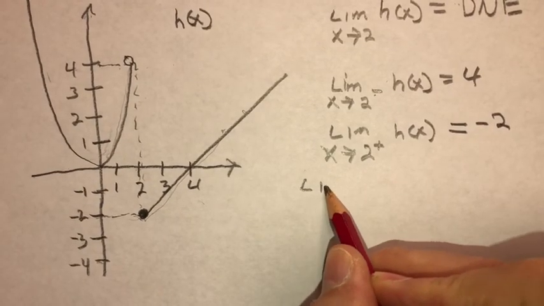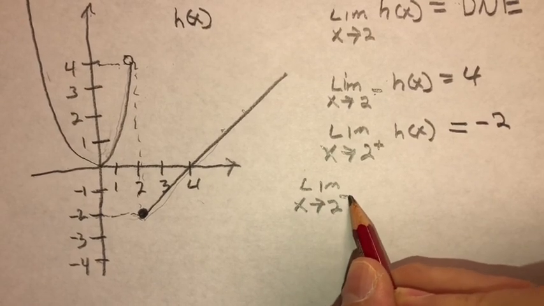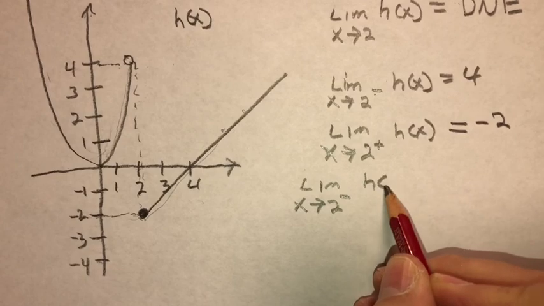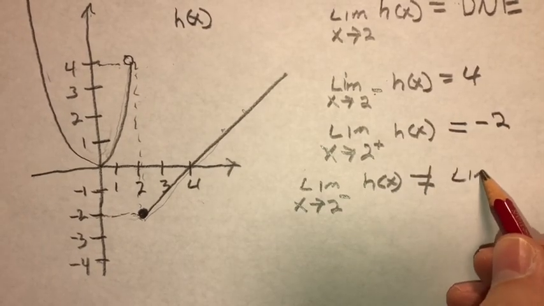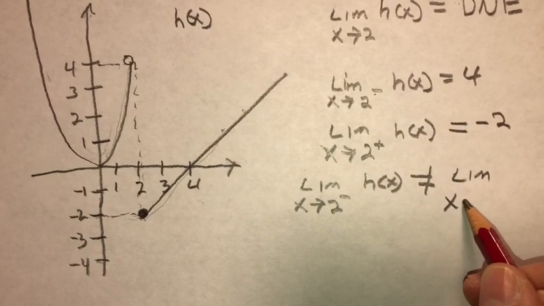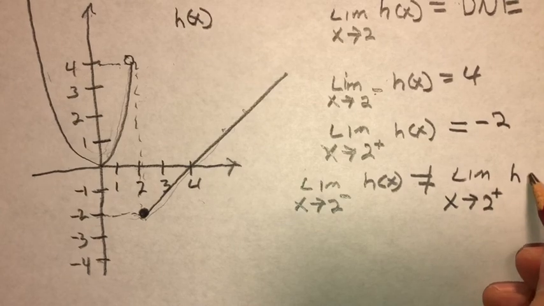So the limit as x approaches 2 from the left of h of x does not equal the limit as x approaches 2 from the right of h of x.